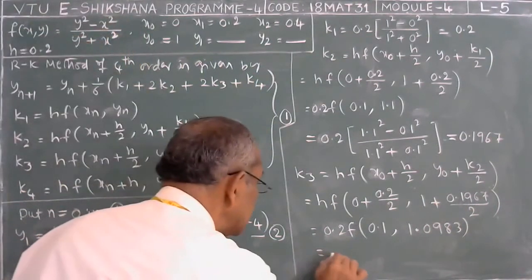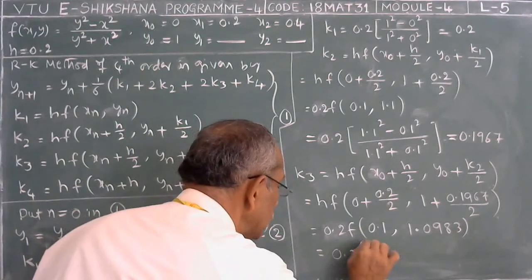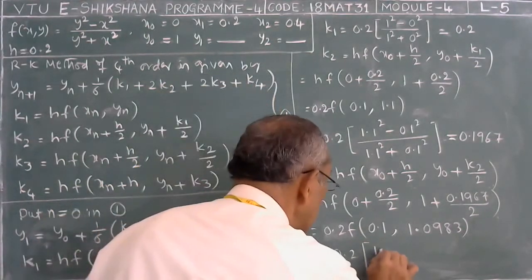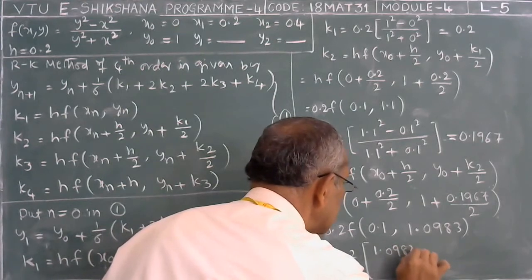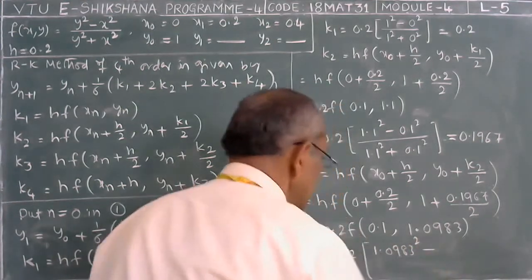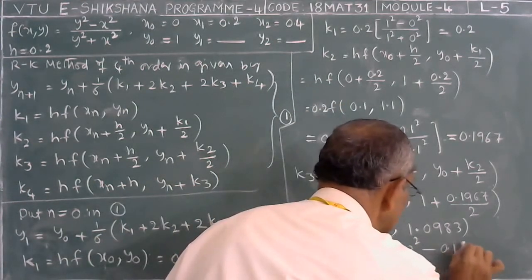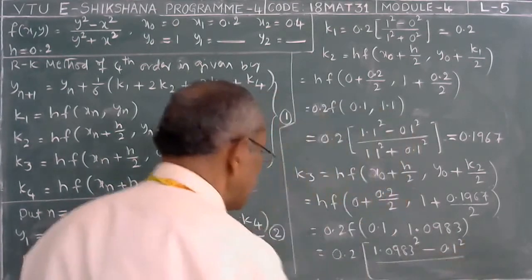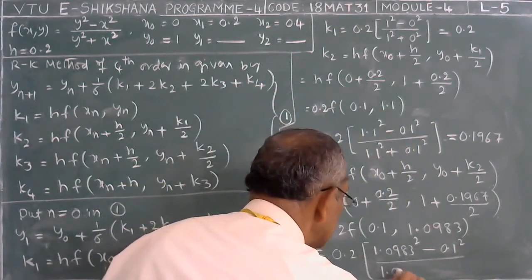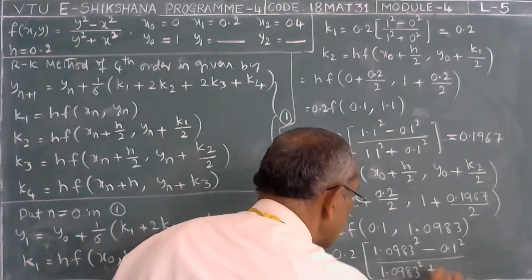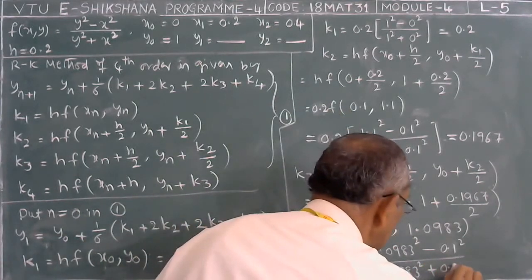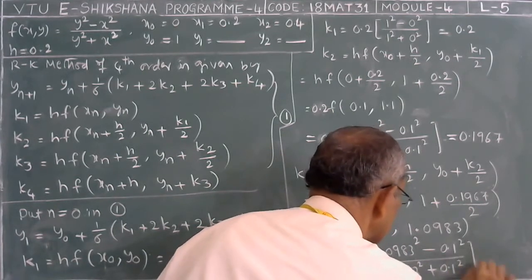By definition this is 0.2 into (1.0983 square minus 0.1 square) divided by (1.0983 square plus 0.1 square).